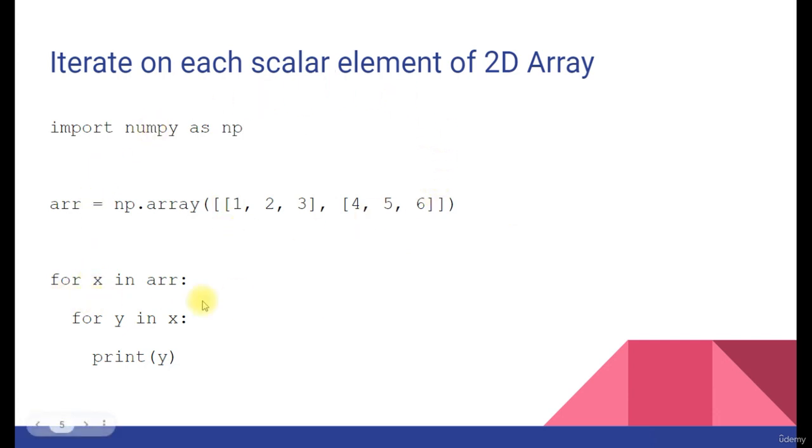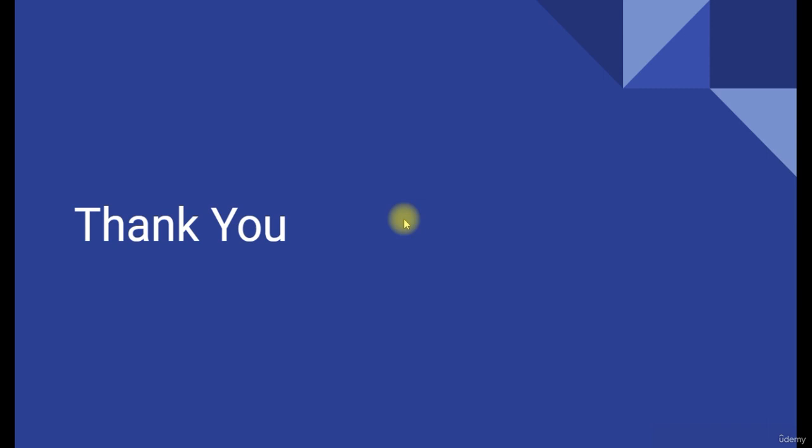Now again we are using a nested for loop and writing one more for statement. So for y in x, now again we have access to each individual scalar element present inside that particular dimension. And now finally we're printing y. So I hope this is very clear to you. Now let's move to the practical section and try to implement what we have learned over here.